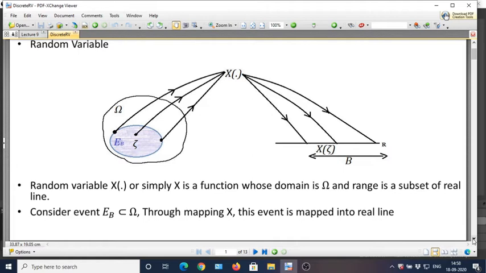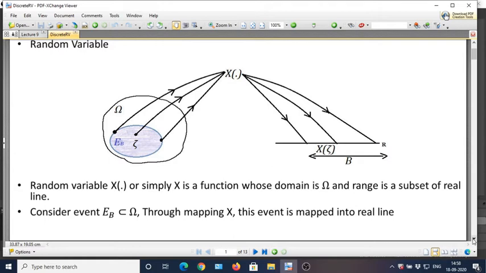That is, if an interval is a mapping from an event, then the complementation of the event will correspond to the real axis not containing the interval. Similarly, unions of two events will translate to union of the intervals on the real axis, and so on.